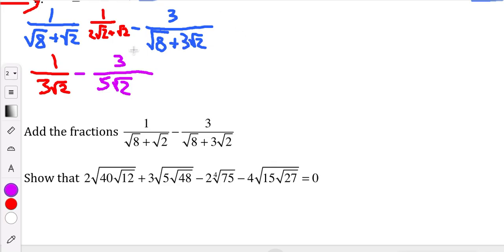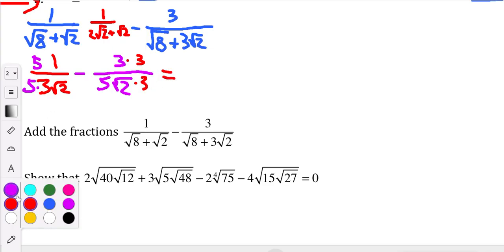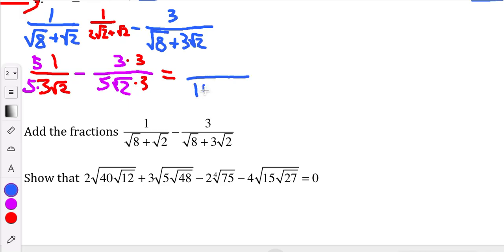So I get that, and you know what? I'm almost there. If I just multiply this by 5 over 5, and this one by 3 over 3, I will get the same denominator on both, which is 15 root 2.